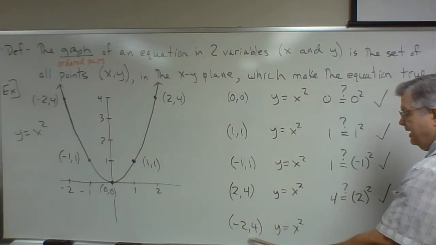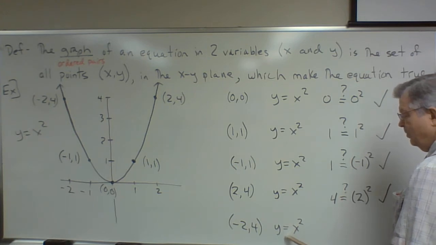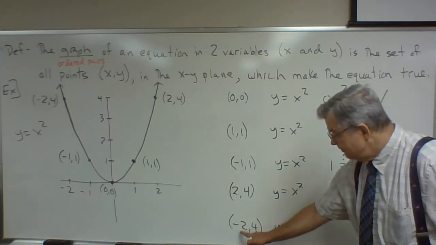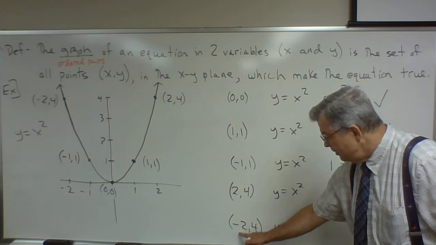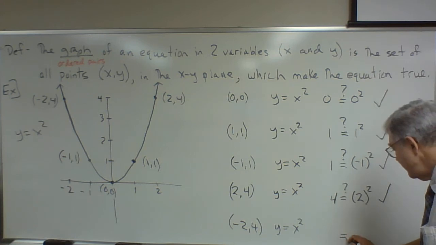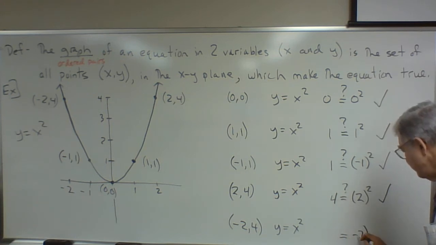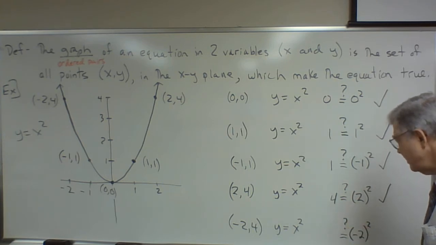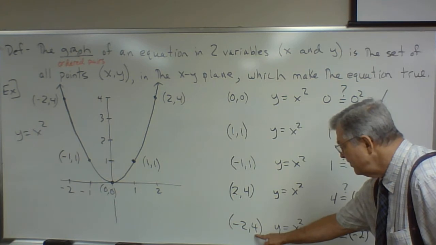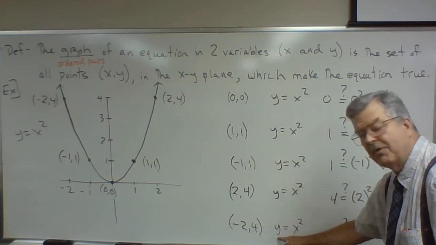Is this ordered pair a solution of the equation y equals x squared? Well, let's see. Let's take x equal -2 and substitute it in for x. And we have 4, y equals 4. We'll substitute that in for y.